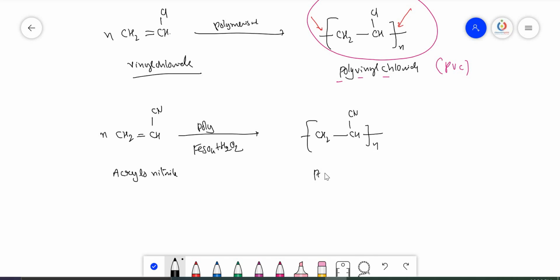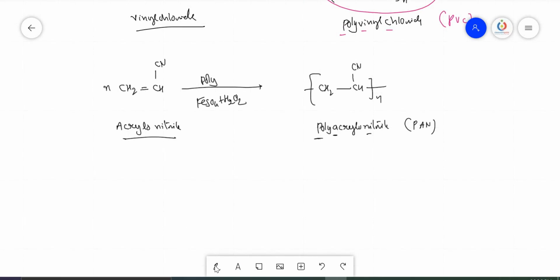And the name again, so that you know, poly, add this name here, acrylonitrile. It is popularly known as PAN, polyacrylonitrile.